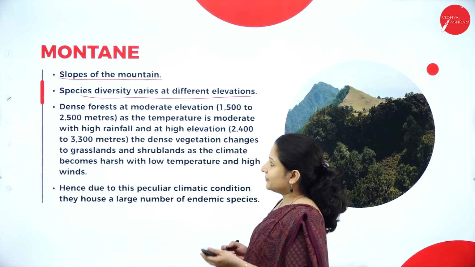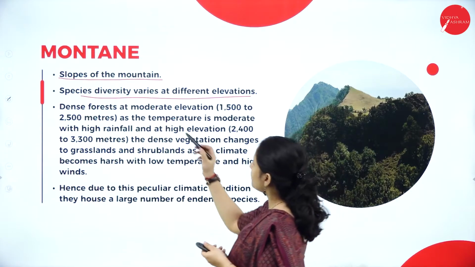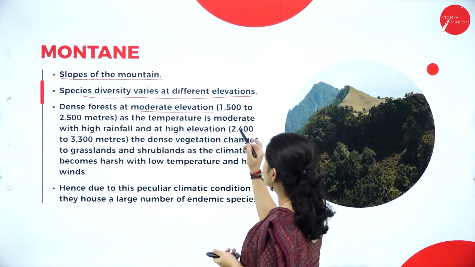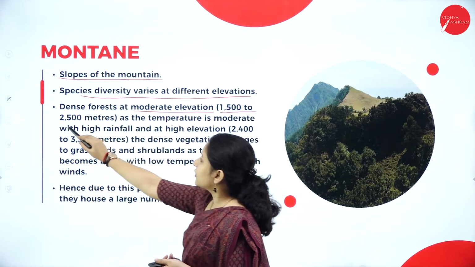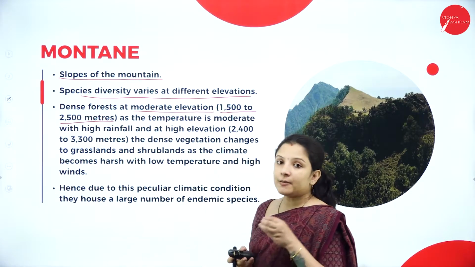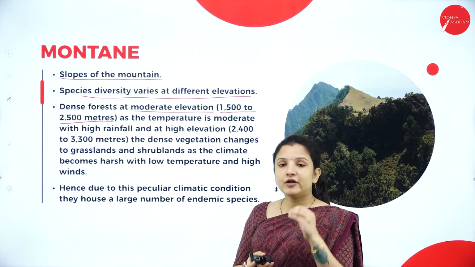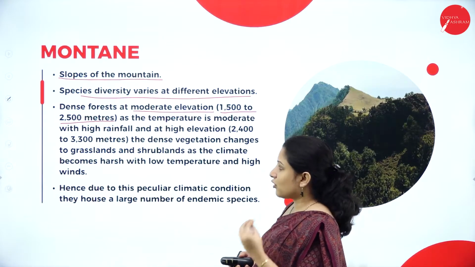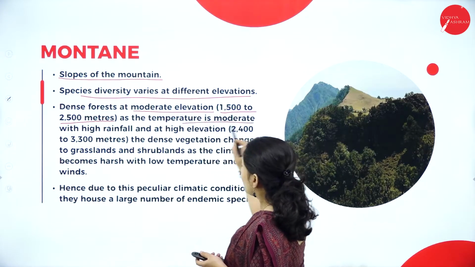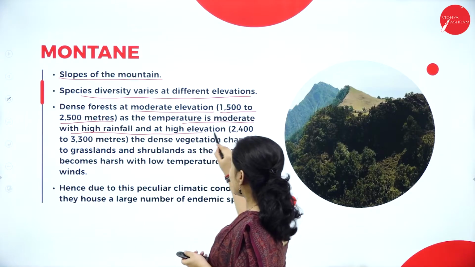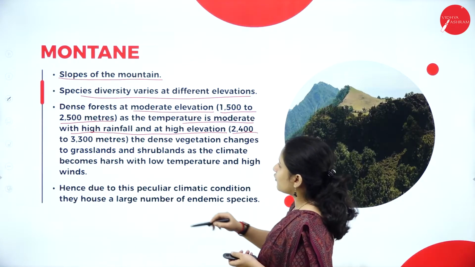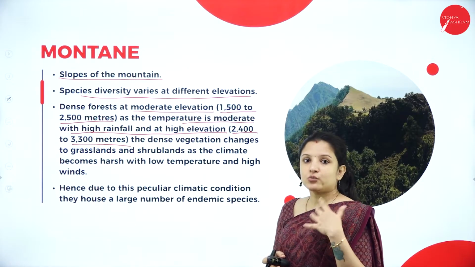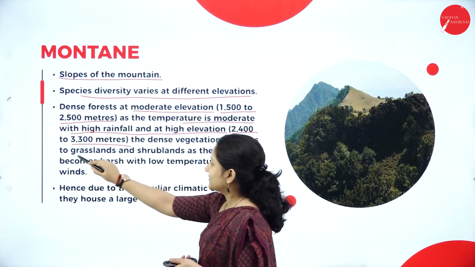For example, there are dense forests at moderate elevation of the mountain, where the slope is about 1500 to 2500 meters, filled with rich dense forest. As the temperature is moderate with very high rainfall, at higher elevations of 2400 to 3300 meters, the dense vegetation changes to grasslands and shrublands.